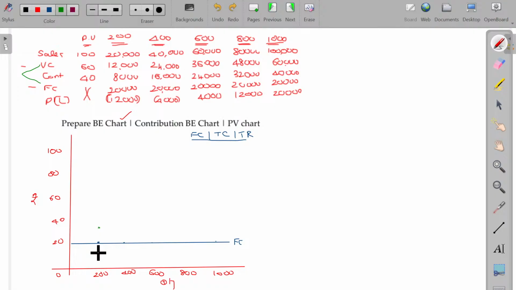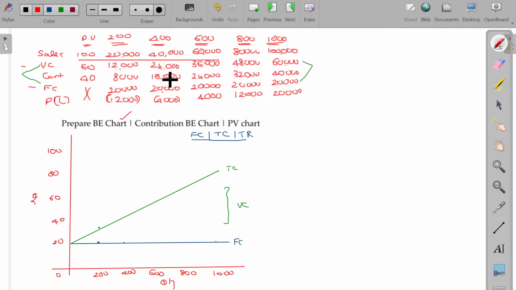And for 1000 units, 60,000 plus 20,000, 80,000 rupees. Maybe roughly here. If I connect these two, what about this one? This is total cost. This component is called variable cost. Clear?